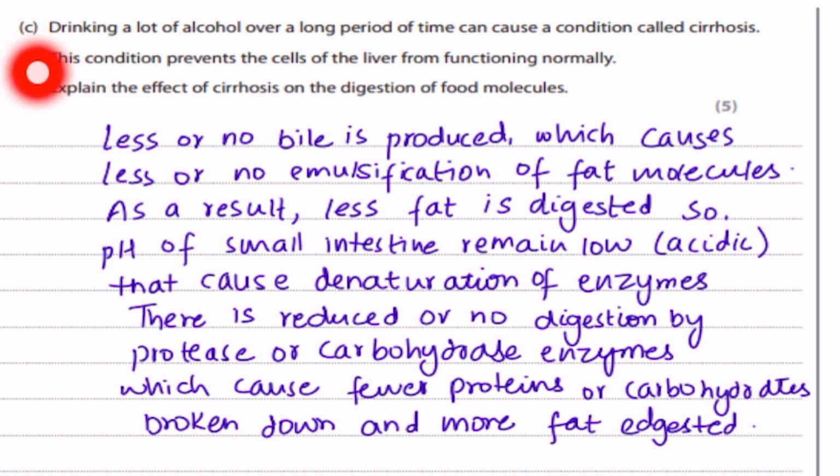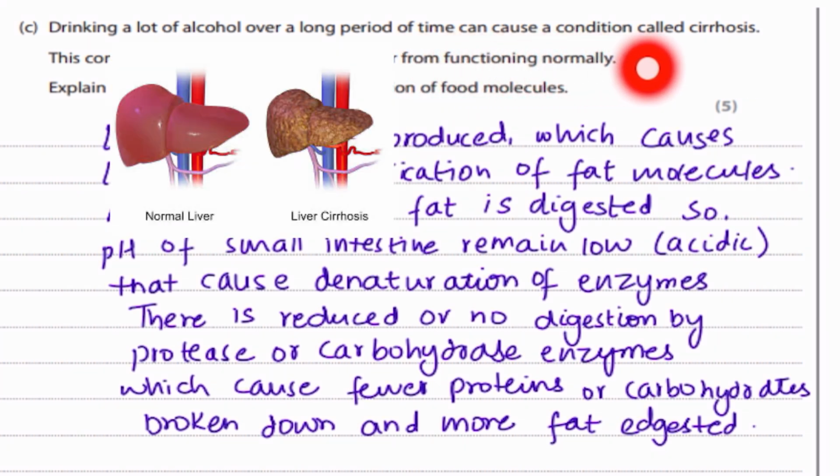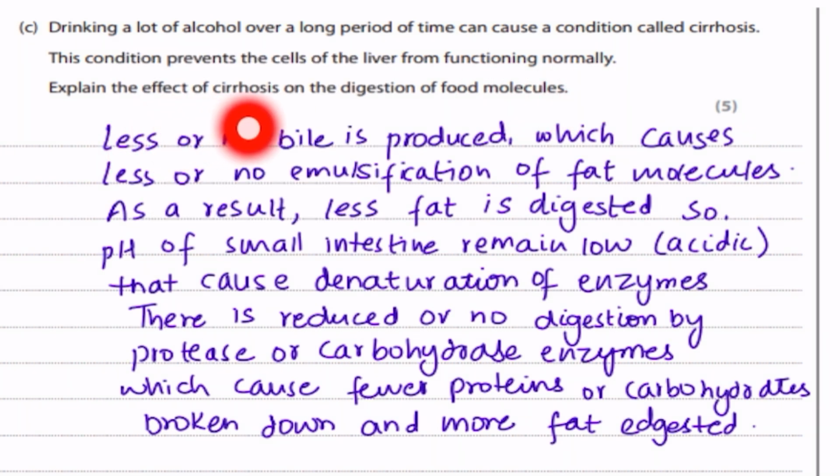Part C. Drinking a lot of alcohol over a long period of time can cause a condition called cirrhosis. This condition prevents the cells of the liver from functioning normally. Explain the effect of cirrhosis on the digestion of food molecules. When cirrhosis affects the liver, bile production is affected. So less or no bile is produced, and it results in less or no emulsification of fat molecules.